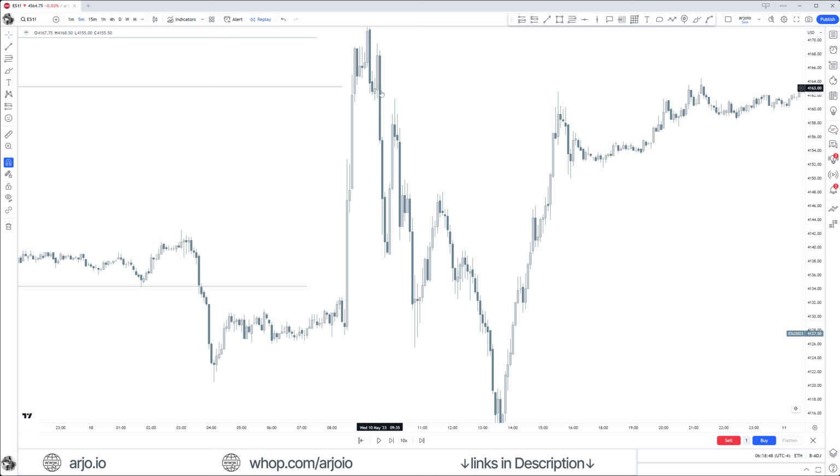Then we have a third entry. If you miss this first one and you miss that second one, or if you want to wait for even more confirmation, then right there is your third entry. But it's important to understand that there are a lot of different entry types right there. You need to stick to one of them.